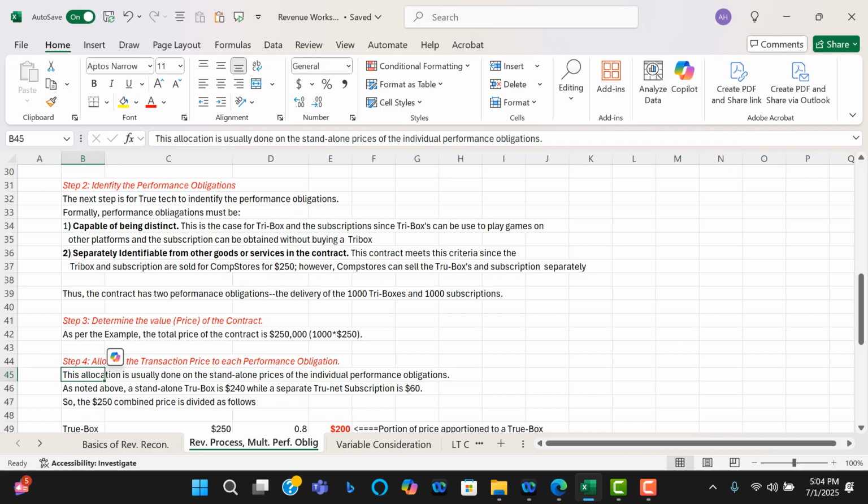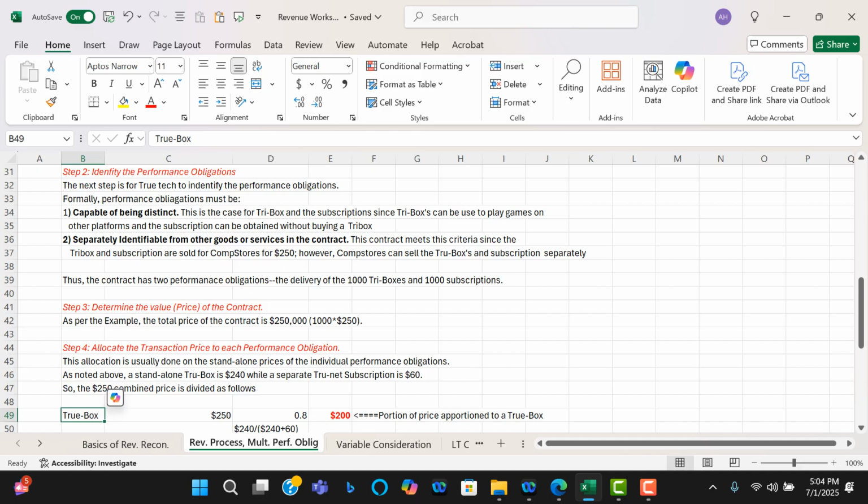Okay, so what we're going to do is the allocation. We're going to take the 250 and allocate it based on the standalone prices, which are the fair market values of the individual performance obligations. As noted above, a standalone TrueBox is $240, while a separate TrueNet subscription is $60. So we're going to assign the 250 based on the relative fair market values of the two performance obligations here.